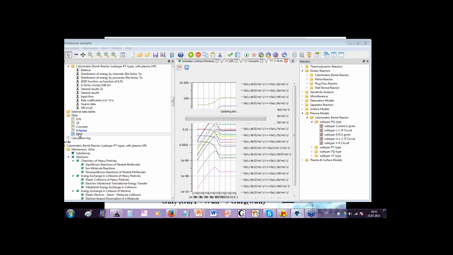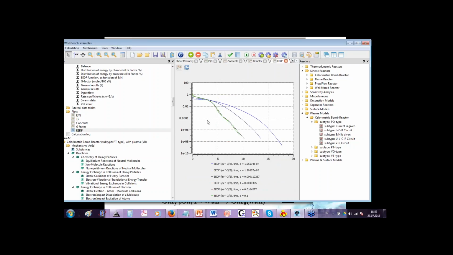And here you see the energy distribution function of electrons for different times. The first time is very short. We see the distribution function is similar to the Maxwell one, and after that we observe the dropping of the distribution energy function with time, and after a time of about 1 millisecond there is practically no difference between the form of the distribution function.